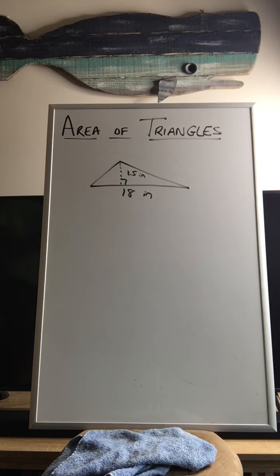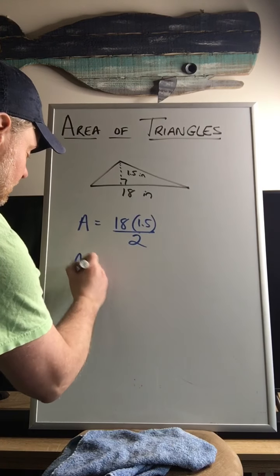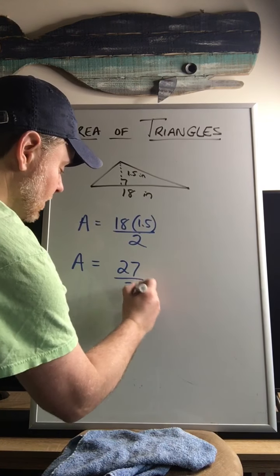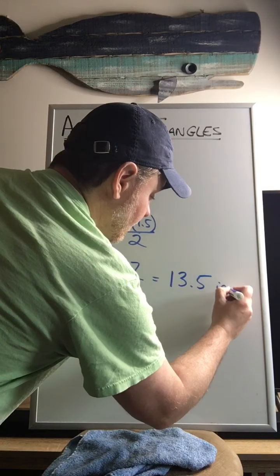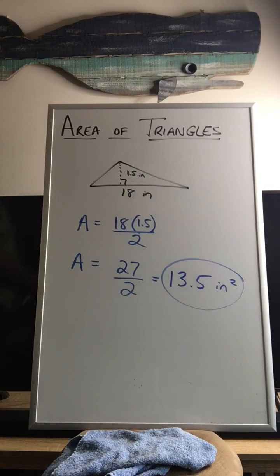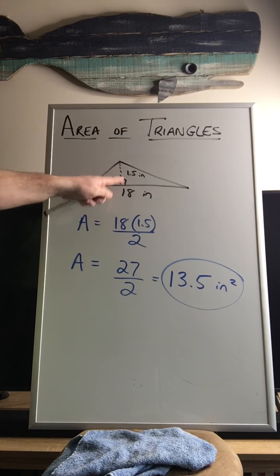So my area is my base, which is 18, times my height, which is 1.5, and then I'm going to divide that by 2. So 18 times 1.5 is 27, and then you divide that by 2. So make sure you divide that by 2. And it's 13.5. And we label it with square inches. So it is possible, obviously, to get decimal answers and things like that. Okay? So base times height, but then for a triangle, we're dividing it by 2.